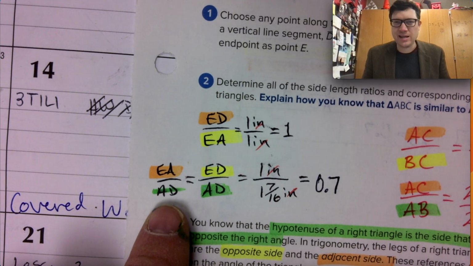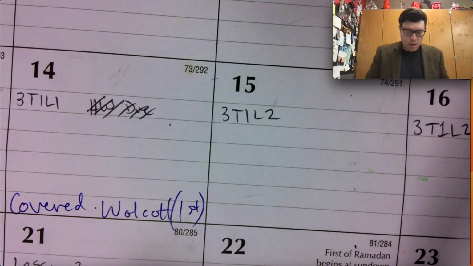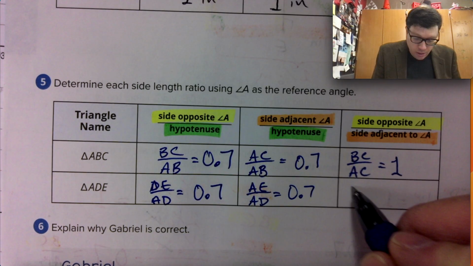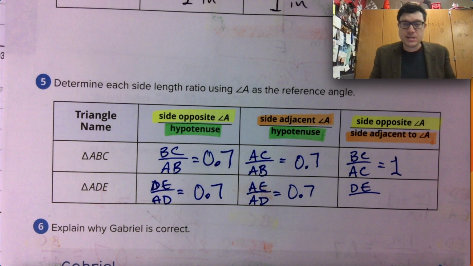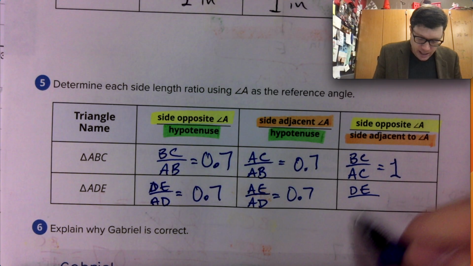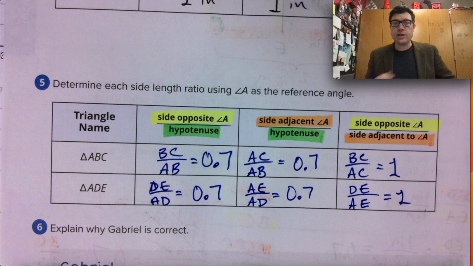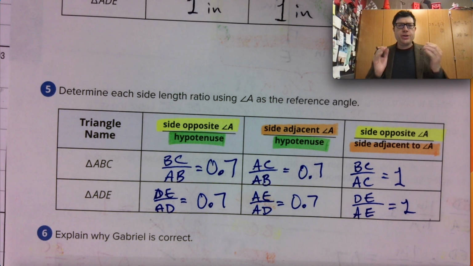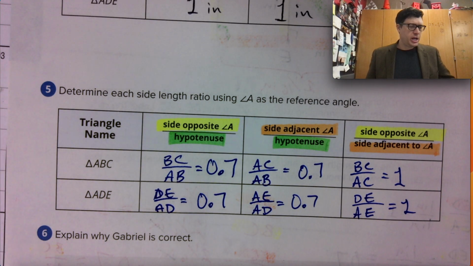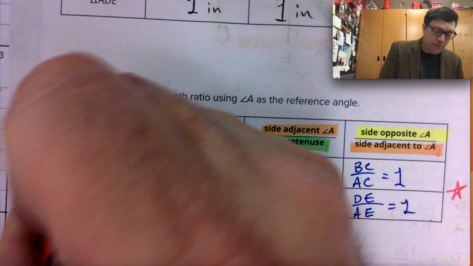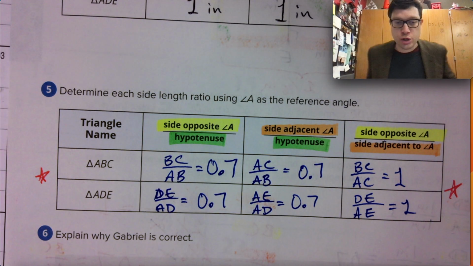Last of all, we have the side opposite angle A, so DE, and the side adjacent to angle A, so AE, and they were the same length, so they have a ratio of 1. These are not magic. These are just what we measured, and they're going to be consistent. So if anything, this table can become a reference table for us in the future.